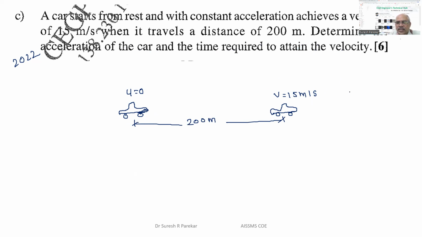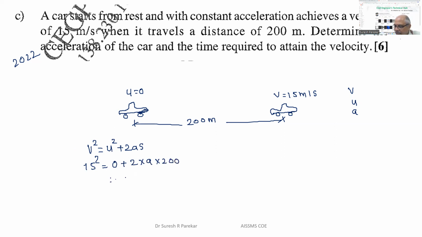Now you have to see, we have v, u, s. This data is given, and therefore which equation do we have to use? We have to use v square equal to u square plus 2as. Now v is given as 15 square, u is 0, plus 2 into a, and s is given as 200.